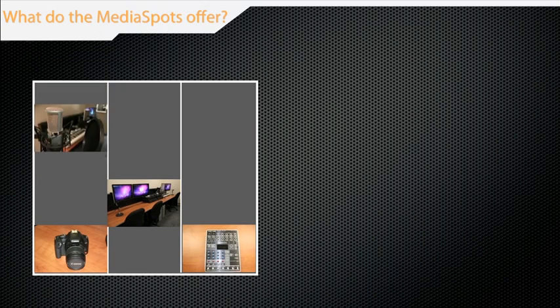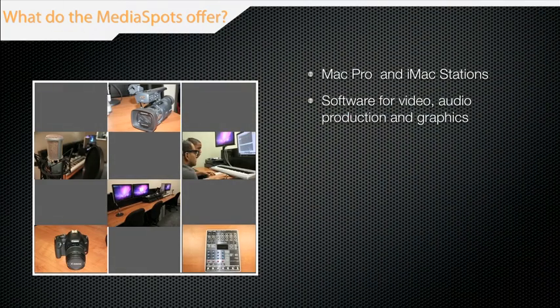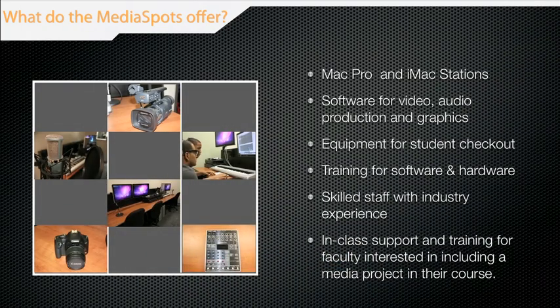So what kinds of things do students find at the MediaSpots? They'll find Mac Pro and iMac workstations, software for video, audio production, and graphics, equipment to check out after they take training classes, training on software and the hardware that we have for checkout, an incredibly skilled staff with industry experience, and in-class support and training for any faculty who are interested in putting a media project in their course.